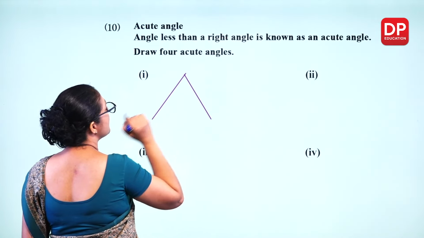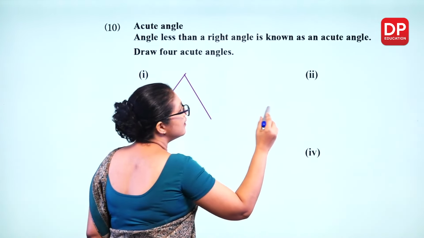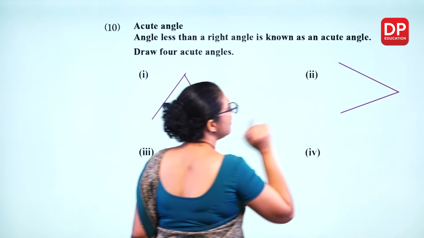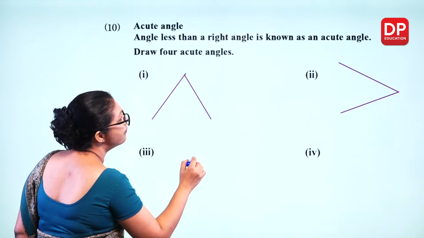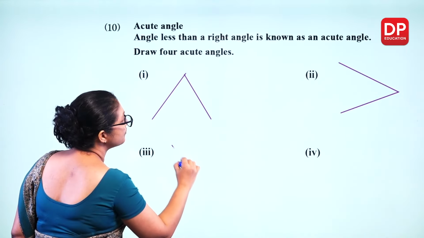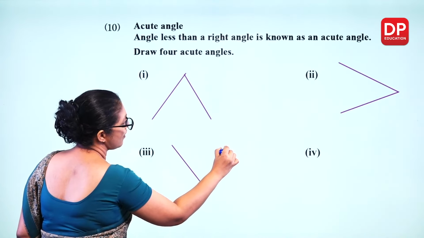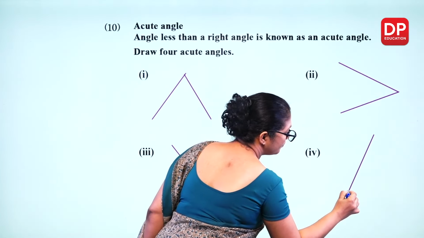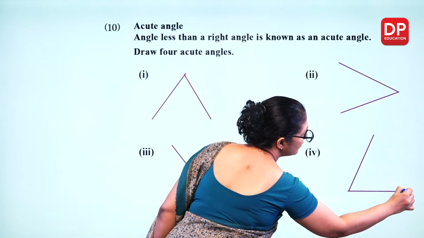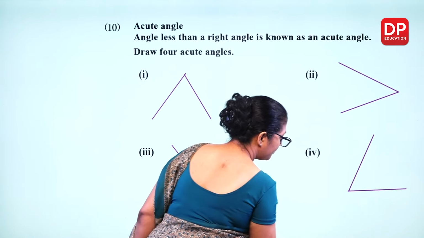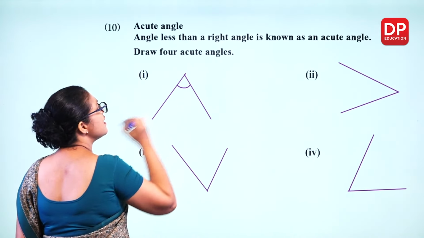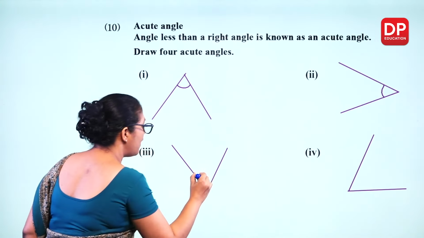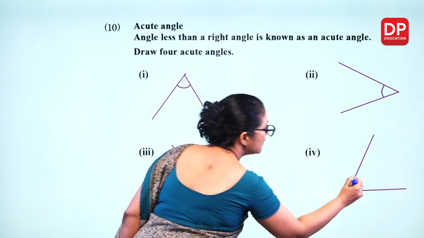So I can draw something like this. Then here. This one. And this one. So this is the acute angle, the angle smaller than the right angle.